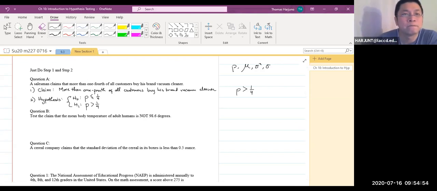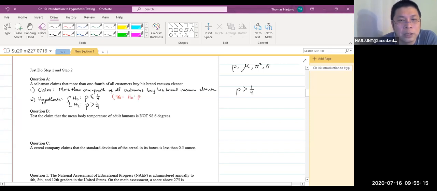Okay, that's how the answer is supposed to be. However, if you follow the textbook, and when I say textbook here I refer not only to our textbook, but to more recent graduates, instructors, or those old instructors who follow the new textbook, then their null hypothesis will be written as P equals 1/4. They are not restricting the null and alternate hypotheses to be competing, to be complementary.